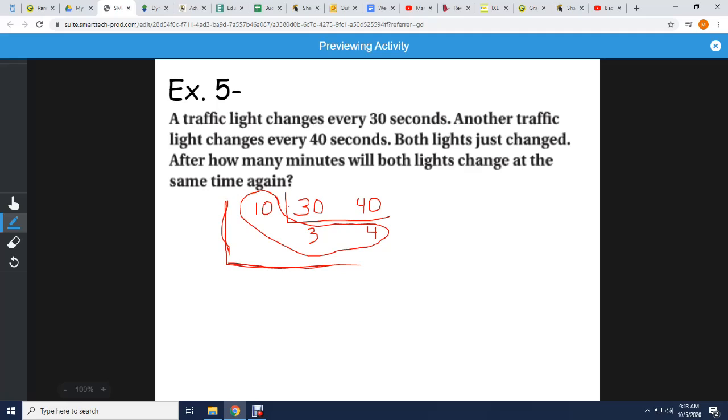But how do you remember when using cake method, when to use the bottom numbers and when not to? When you're looking for least common multiple, you use the L. All right, so it's going to be 10 times 3 times 4. I'll tell you, anytime I have 10, I always try and save that for last because it's easy to just tack on a 0. So I'm going to do the 3 times 4 here and get 12. 10 times 12, just add a 0, is 120.